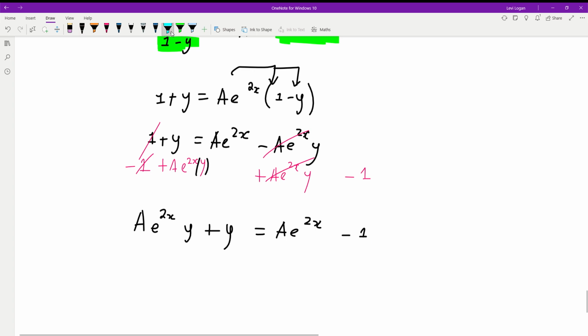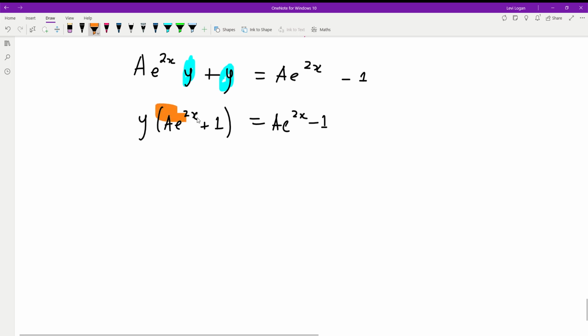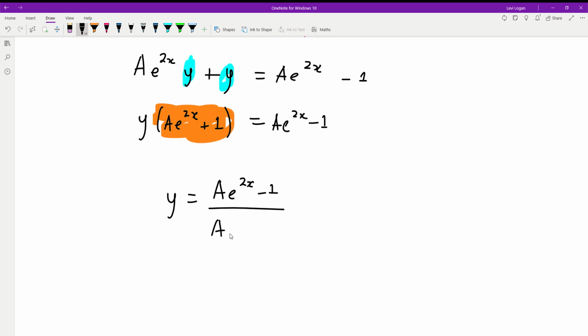You can see on this side here they both have a factor of y, so you can factor that out, so you get y factor of a e to the 2x plus 1 equals a e to the 2x minus 1. Divide both sides by this expression here, so you get y equals a e to the 2x minus 1 divided by a e to the 2x plus 1.